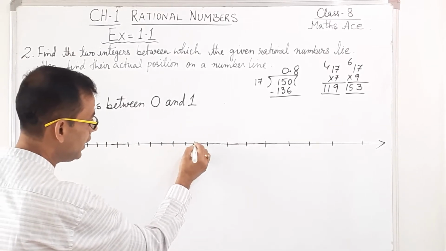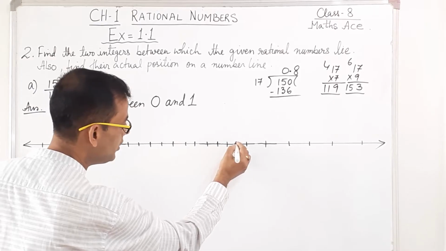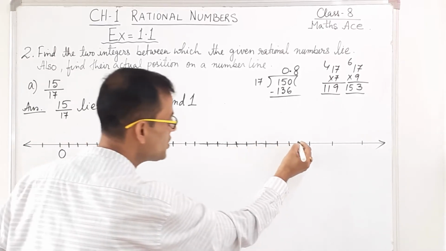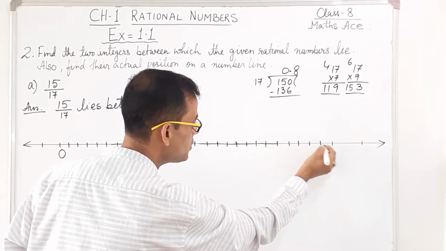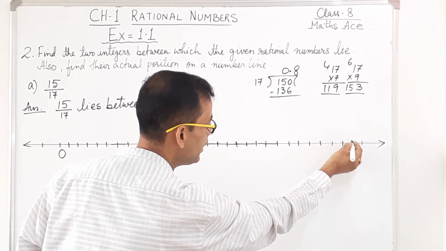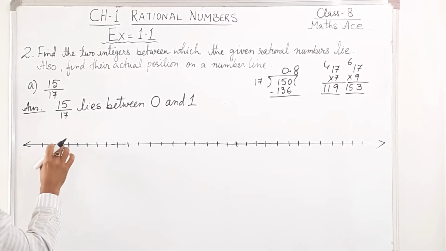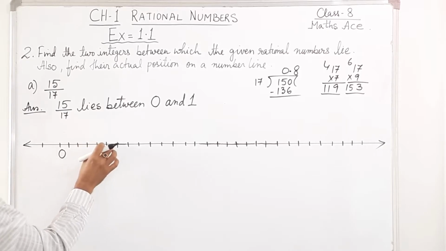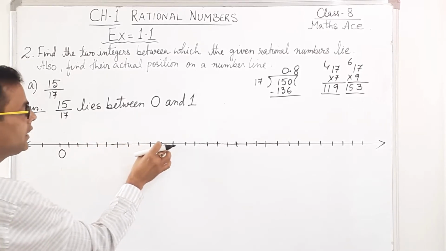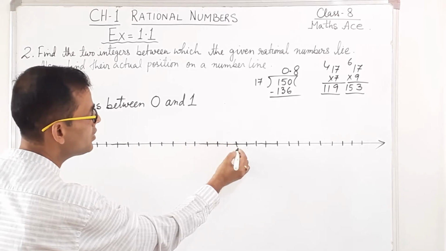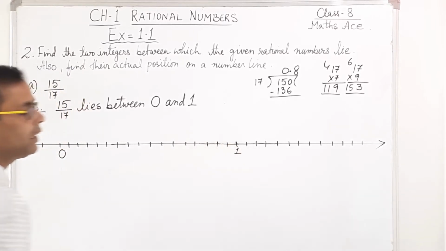Clear? I will take half. But this one I am doing without scale, but you please use the scale. Okay, if you use the scale, the diagram will be perfect. Understanding or not? Now I will count 17: 1, 2, 3, 4, 5, 6, 7, 8, 9, 10, 11, 12, 13, 14, 15, 16, 17. So I will write here 1. Clear?